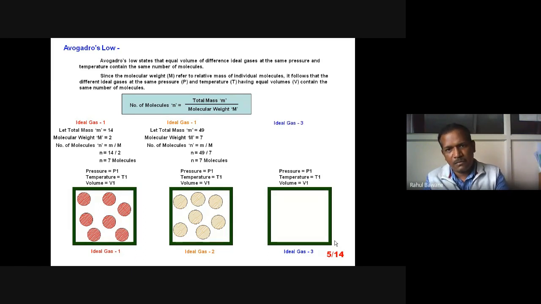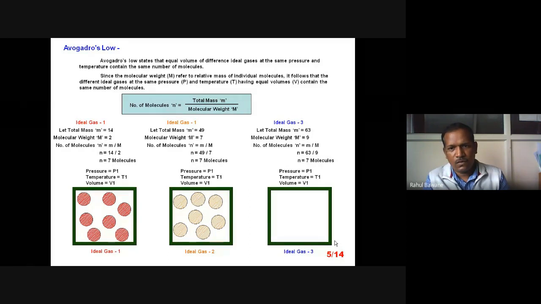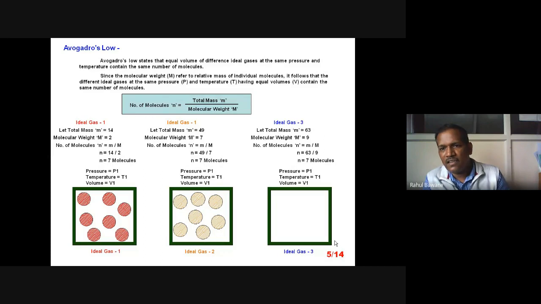For the third gas, it might be possible that its mass is different and molecular weight is different. But when we calculate for the same pressure, volume, temperature, then the third ideal gas again shows the same number of molecules, 7.